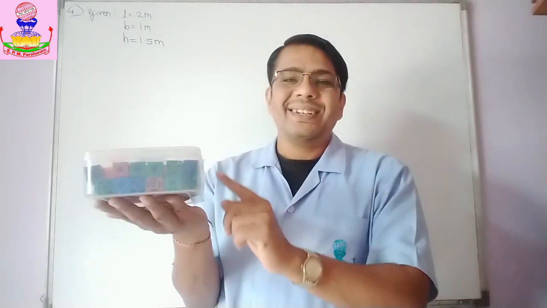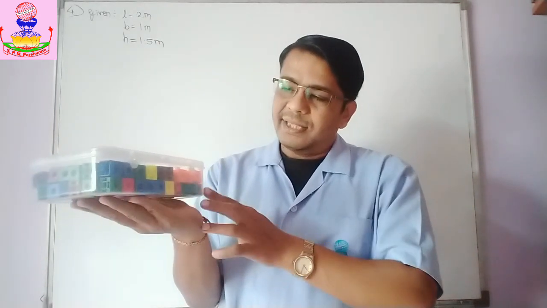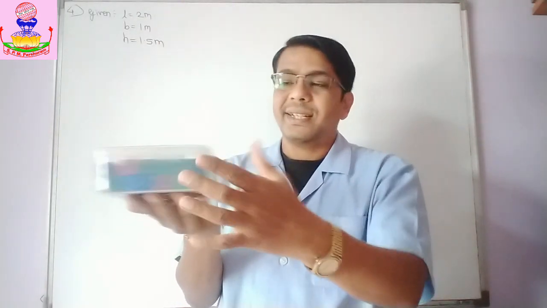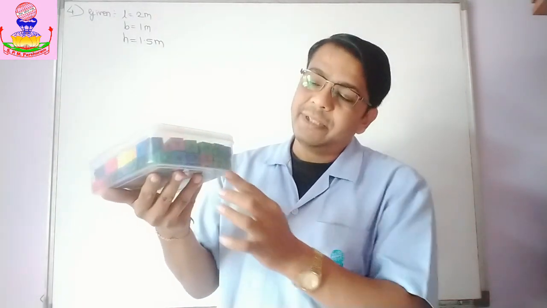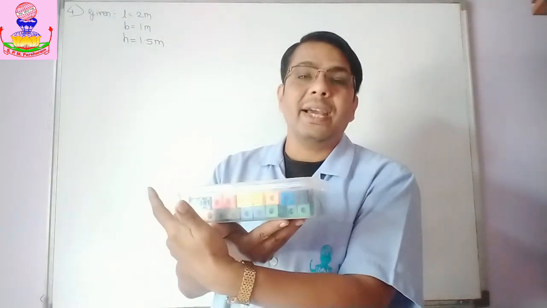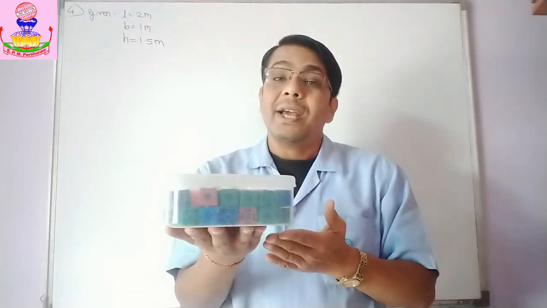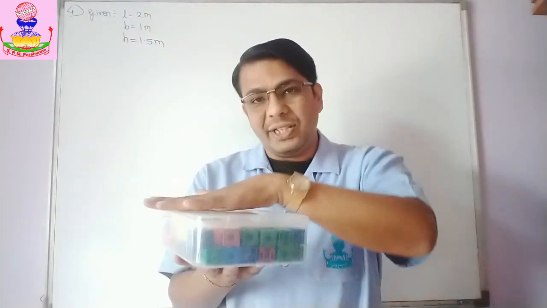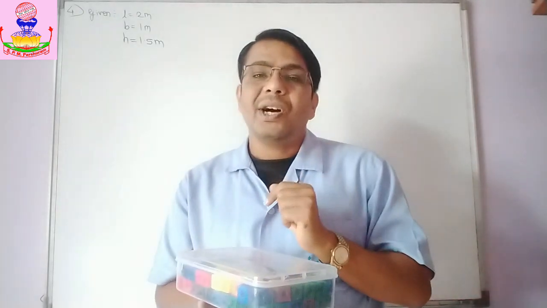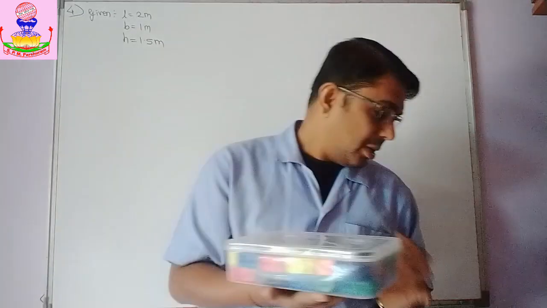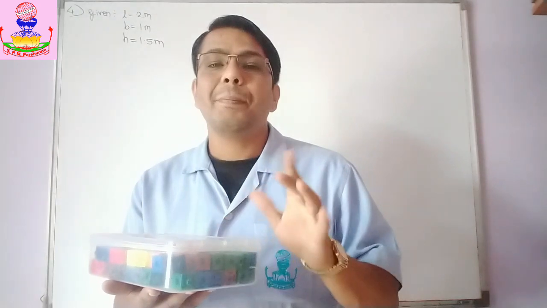Then rest all 2B into H. This is L, this is H. So L into H and L into H. So 2 times L into H. And B into H. This is breadth, this is height. 2 times B into H. And this L into B is only one time because base is not painted. So this top. Okay. So that will be the area of the cabinet which is to be painted.